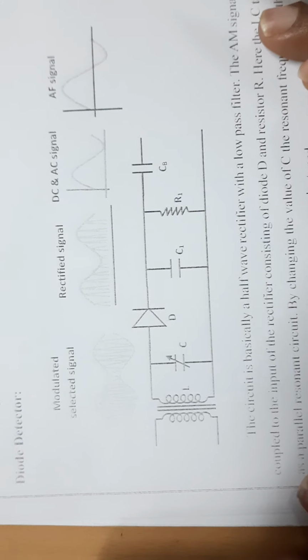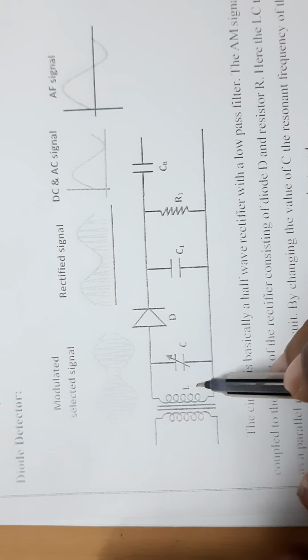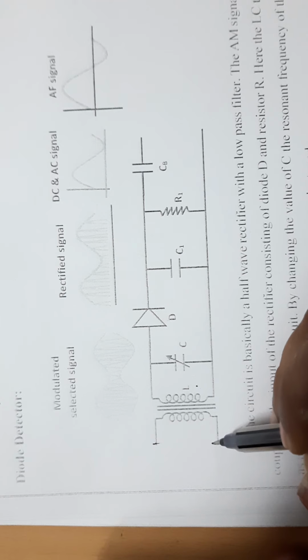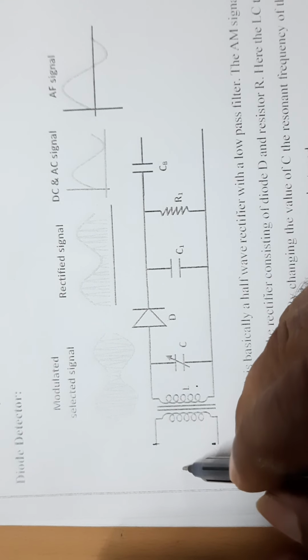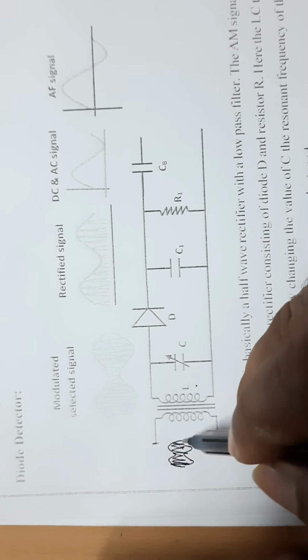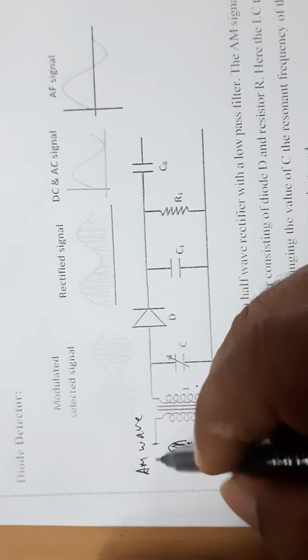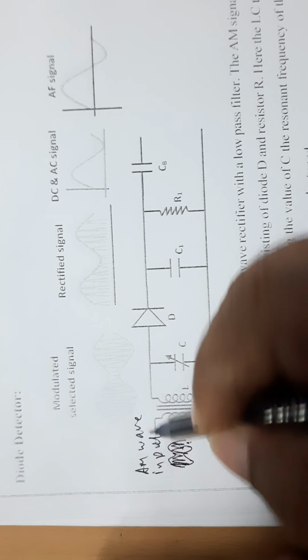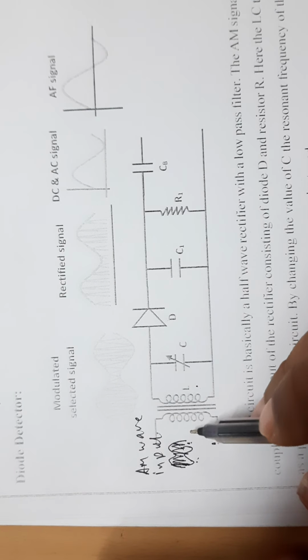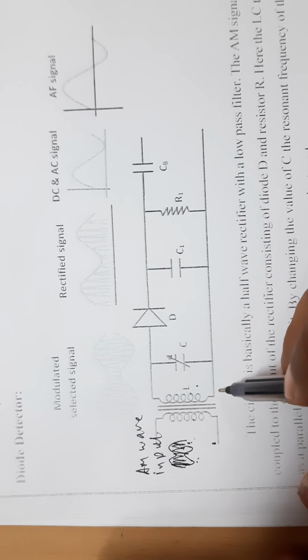Here, this is the input transformer. Between these 2 points, the input signal, that is the amplitude modulated wave, is applied. The input is the amplitude modulated wave, and it is coupled into the secondary.